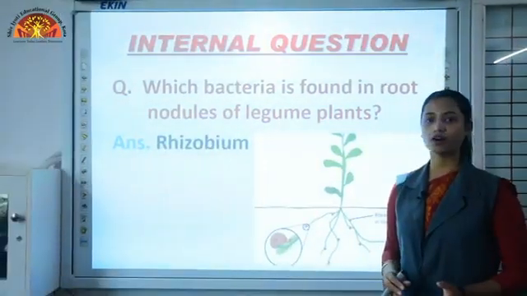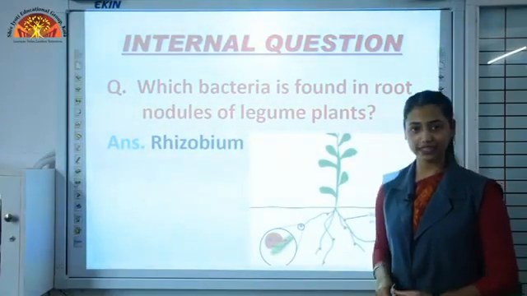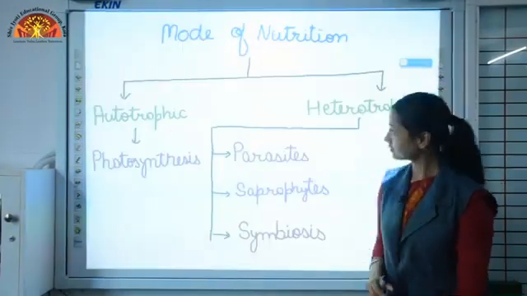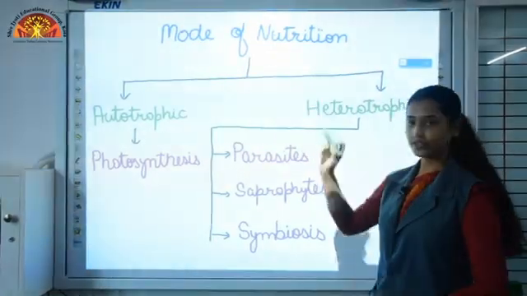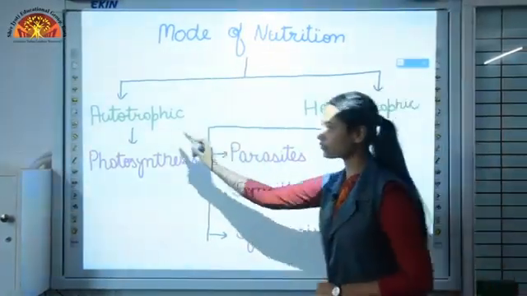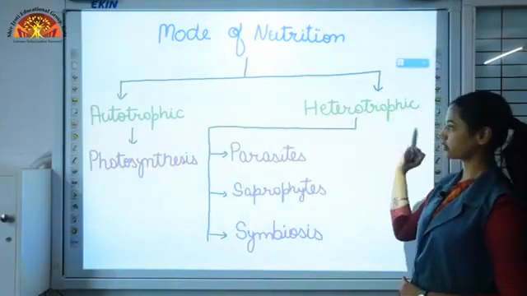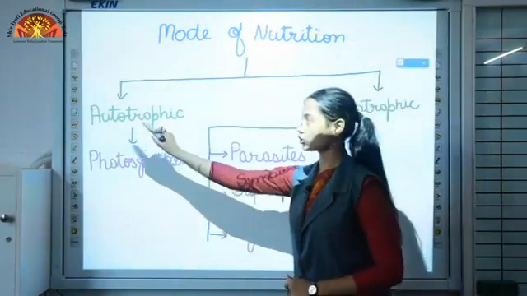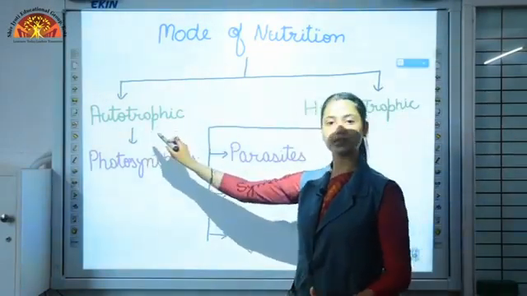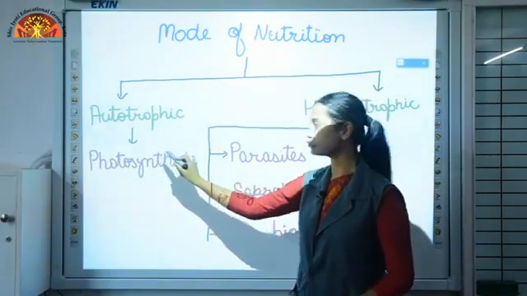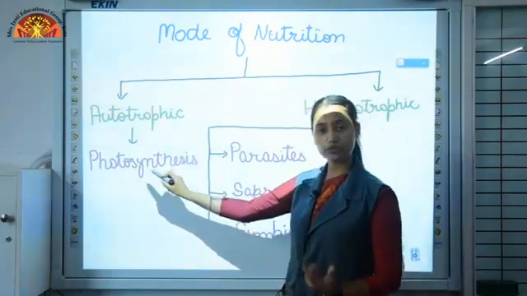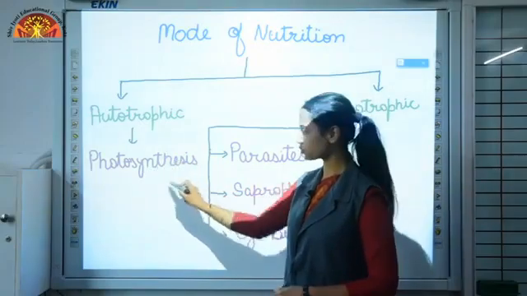Okay, now let's recall all modes of nutrition with the help of a flow chart. There are two modes of nutrition, autotrophic nutrition and heterotrophic nutrition. In autotrophic, auto means self, these organisms are able to prepare their own food through the process of photosynthesis.